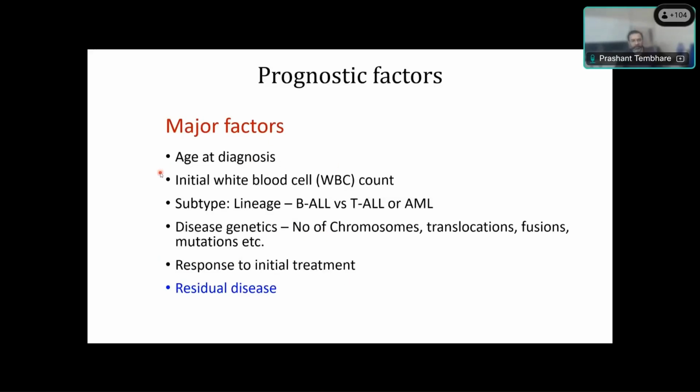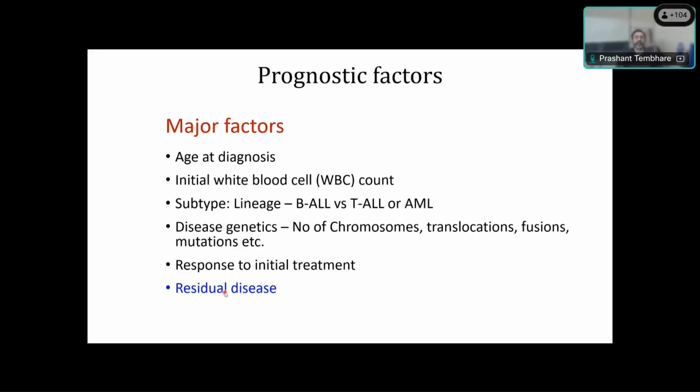If a patient is high risk because of the age, initial count, subtype, or the genomics, what it will result in is residual disease, because the tumor cells in the high risk disease will not respond completely or will not be killed completely by the given therapy, and it will result in some level of residual disease.